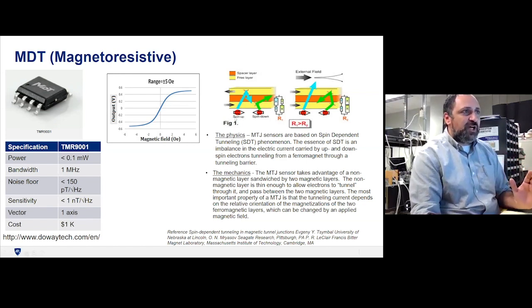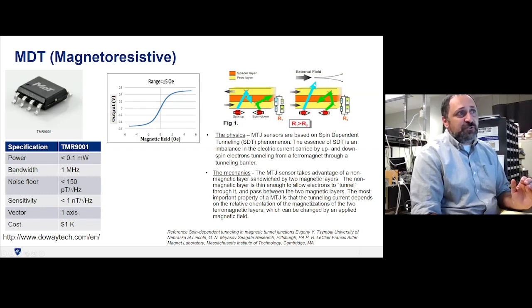What it relies upon is you have two magnetic films, and then you have an insulating layer between. These magnetic films are electrically conductive. So when there is no magnetic field present, because of the spin properties of the carriers and of this insulating layer, no current can come and go across it.